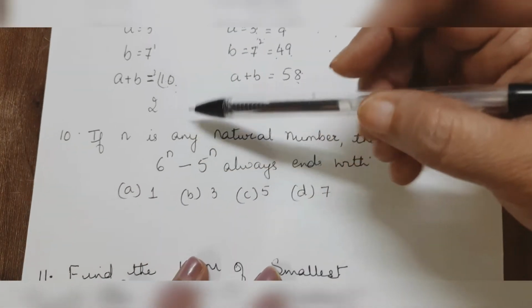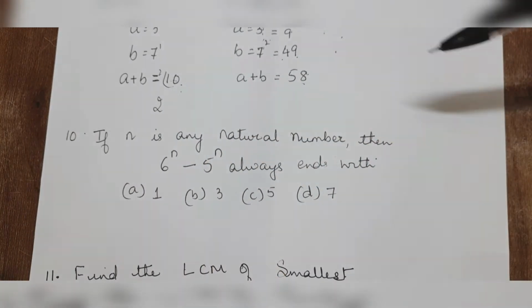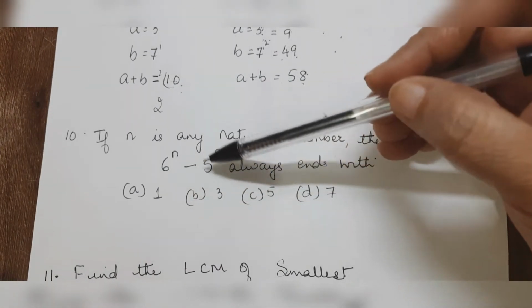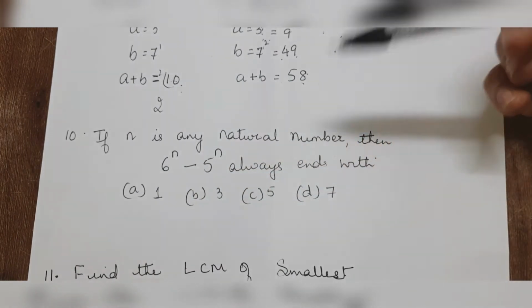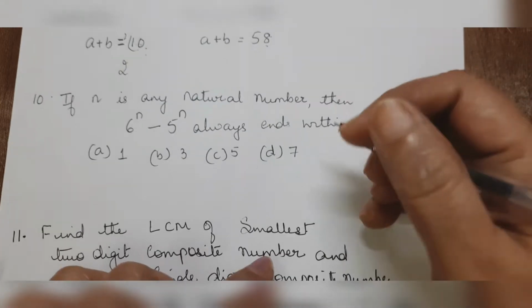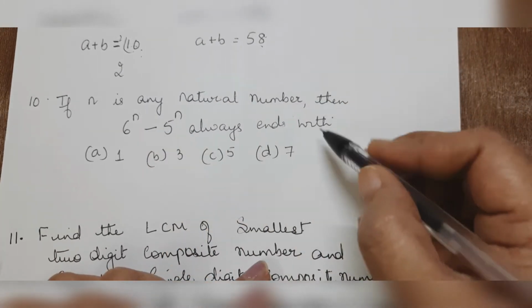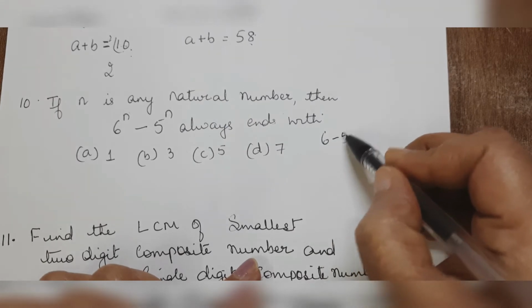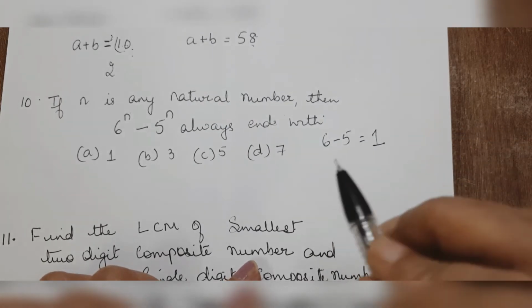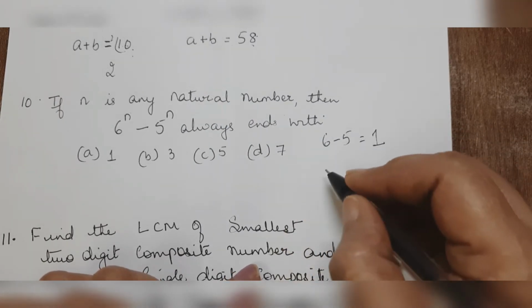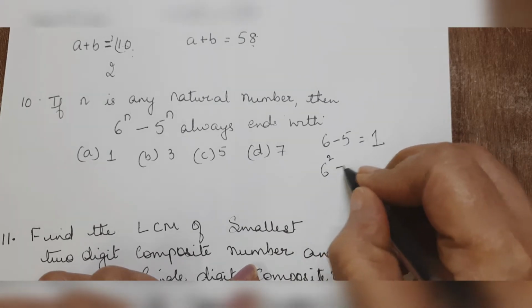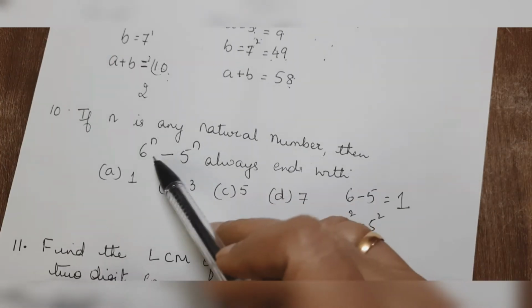This also is a new question. If n is any natural number, then 6 raised to n minus 5 raised to n always ends with. Here also we have a trick. We will just exclude this n over here. Then 6 minus 5, we have 1. It will always end with 1. How? Just check out. 6 square minus 5 square, because n can be anything.